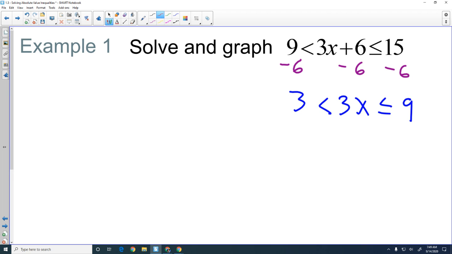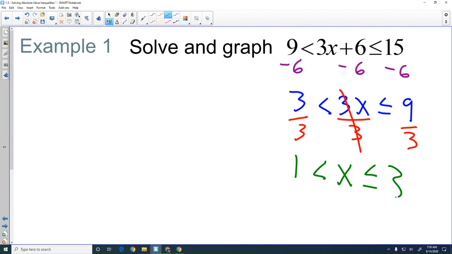And then our last step is to simply divide by 3, but we have to divide all three sides by 3. The 3's in the middle cancel, and we see 1 is less than x, which is less than or equal to 3. And so this is our final compound inequality.